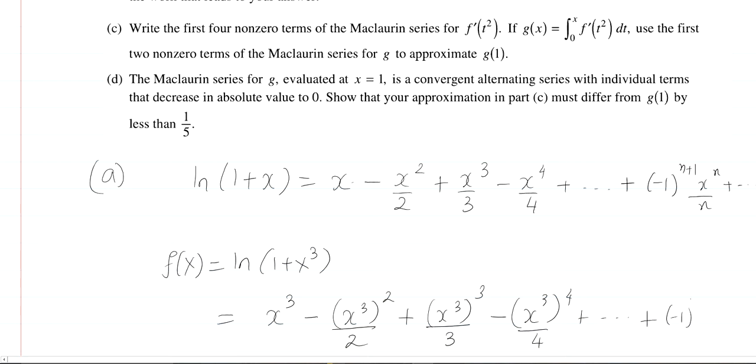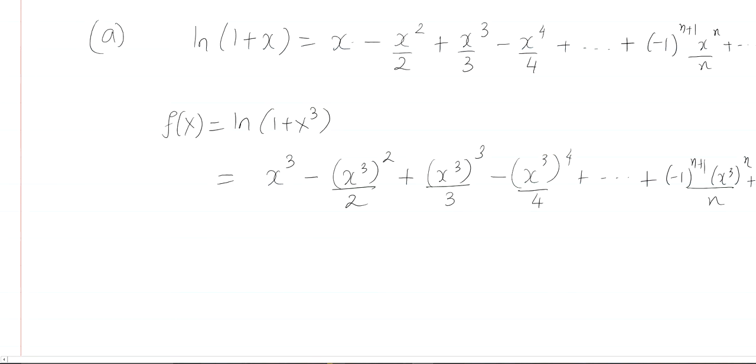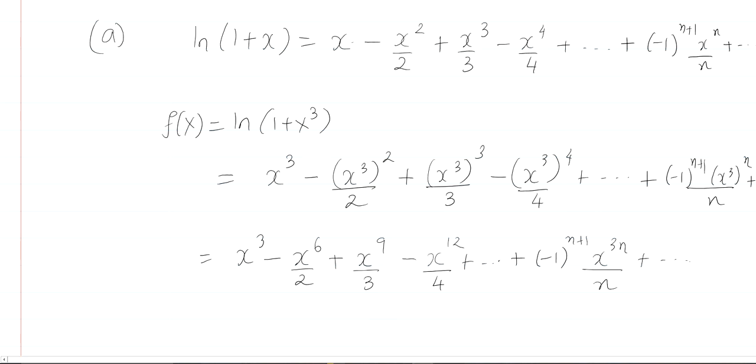The nth term is minus 1 to the n plus 1, x cubed to the power n over n, plus dot dot dot. When we simplify, this becomes x cubed minus x to the 6th over 2 plus x to the 9 over 3 minus x to the 12 over 4 plus dot dot dot. The general term is x to the 3n over n, plus dot dot dot. So this takes care of part A of the problem.